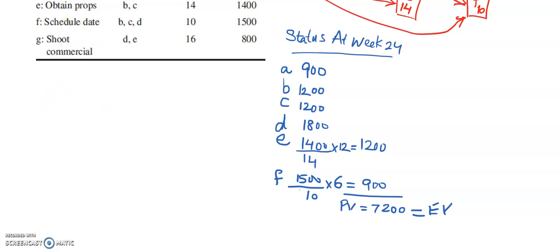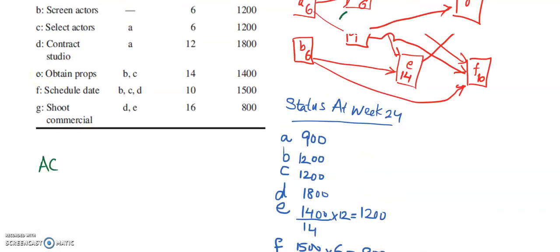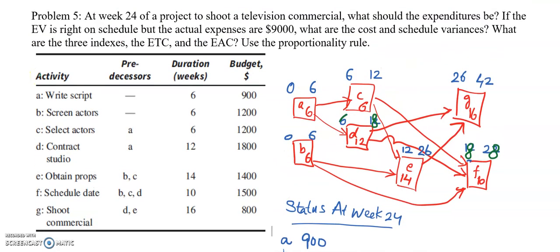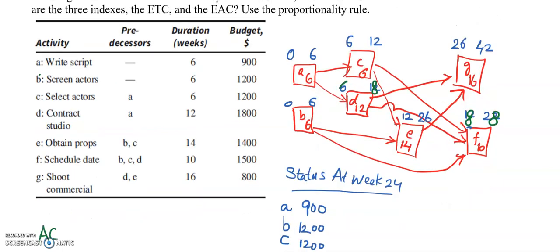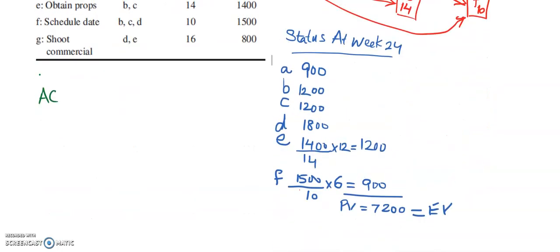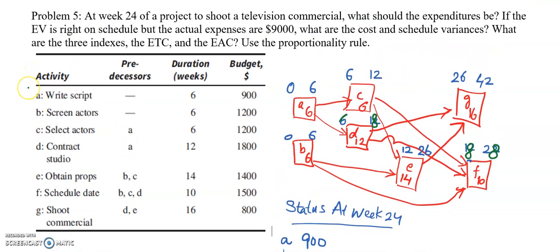The actual cost is $9,000. Actual expenses are $9,000. So what we have to find is the cost and schedule variances.